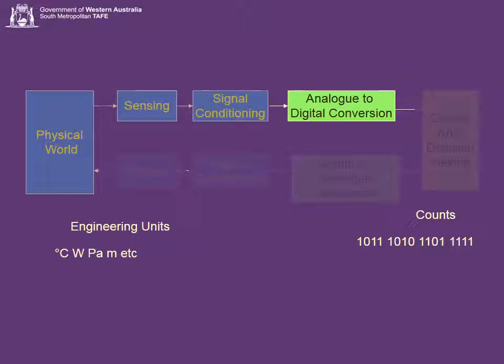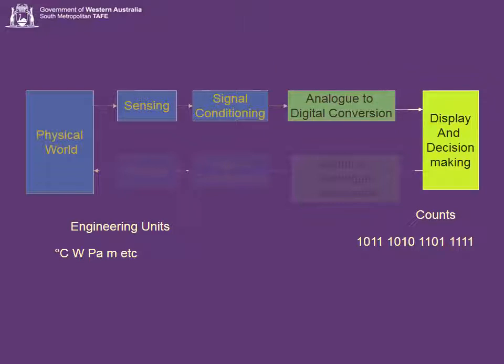Now, our controller talks in digital. Our BMS talks in digital, so in order for the signal to go into the BMS, we need to convert from the analog 0 to 10 volts into digital ones and zeros. And for that, we use an analog to digital converter, an ADC.